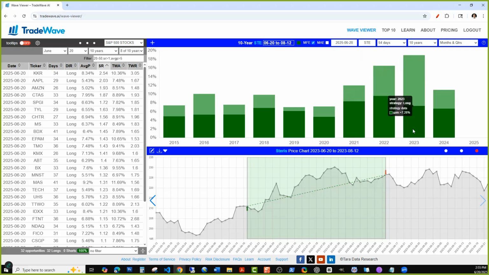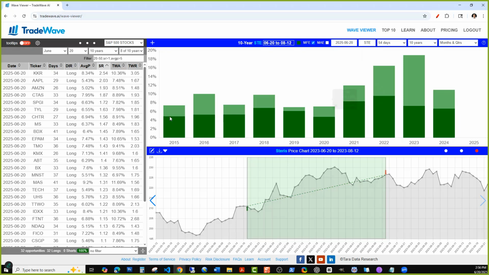Many times I've cut the light green part, I'm out with a pretty decent profit, and then it comes back down and I'm already out. So for short-term traders, this is really good. And TWWA is basically the average profit of dark and light green added together.